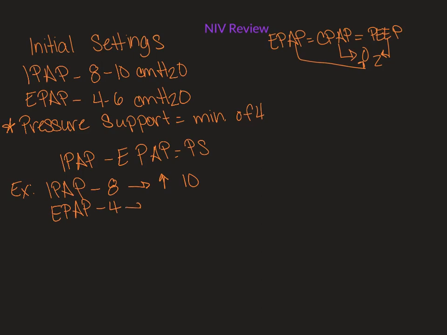But if you increase the EPAP, say to 6, you would have to increase the IPAP as well, so that you have a pressure support minimum of 4. So then you'd increase IPAP to 10.